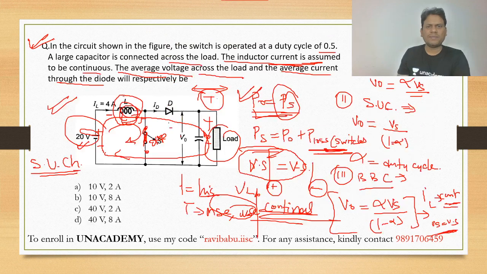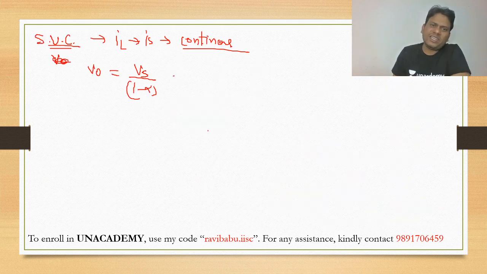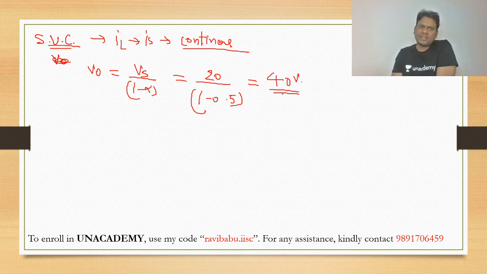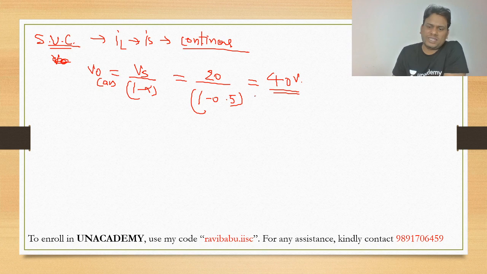Now see dear, he is saying IL is continuous, the supply voltage is 20, and asking for the average output voltage. So the average output voltage is nothing but 20 by 1 minus 0.5, because the duty cycle is given as 0.5. So how much is this voltage? 40 volt. So V0 average will be 40 volt, which is the first answer.